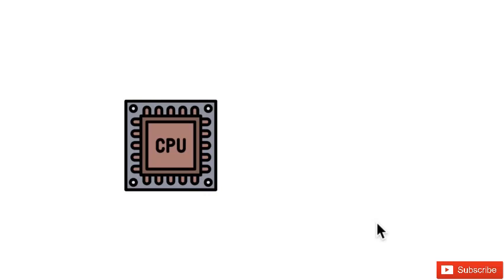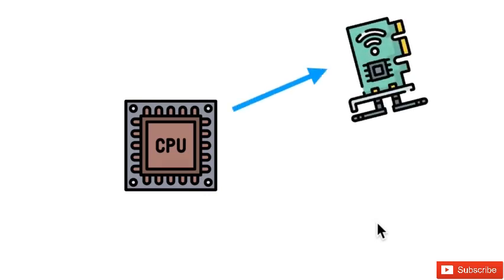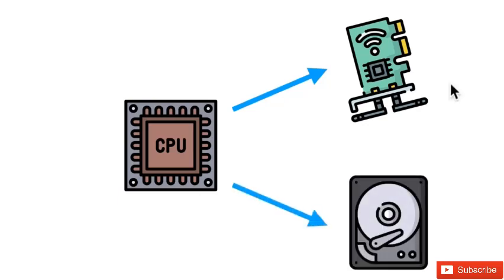What's actually happening is that your CPU is passing off or delegating this work to other devices on your computer, like your network card, which handles communication with other devices on the internet, or your hard disk, which is searching for that file and reading the bytes that it's composed of.